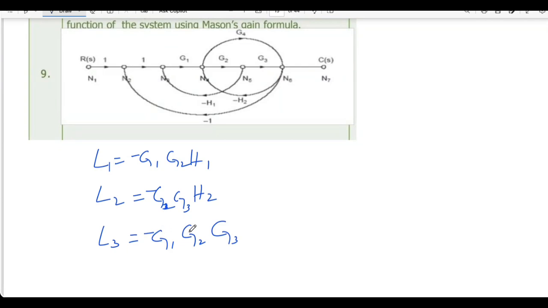Then L4 is minus G1, G4, that is G1, G4 into minus 1.